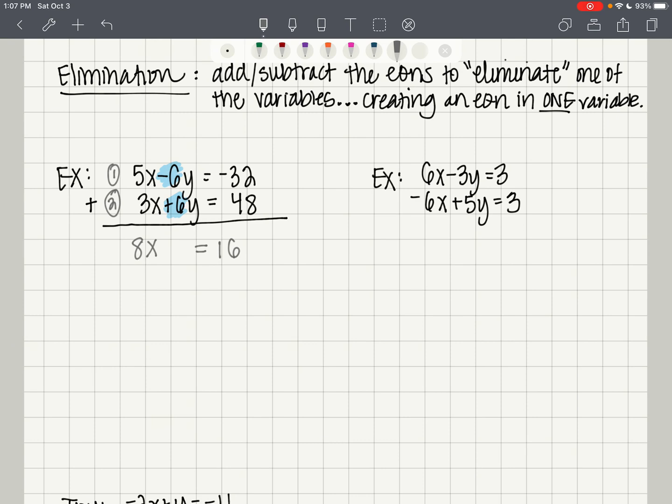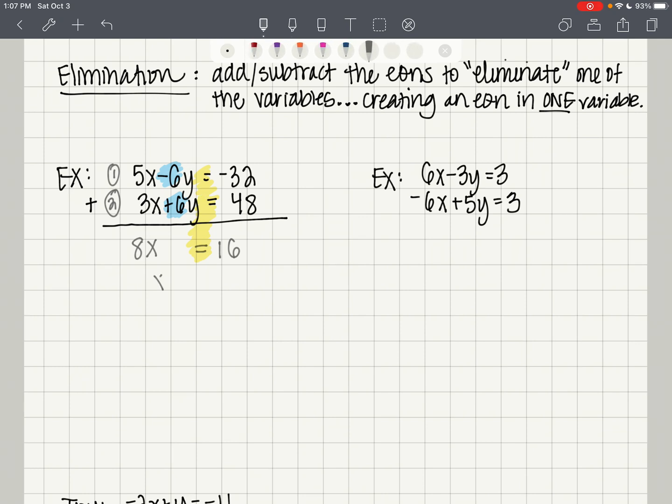Negative 6y plus 6y, those are additive inverses, that zeroes out. Negative 32 plus 48 is 16. Notice how the equal sign is still lined up, so our constant is on the right.